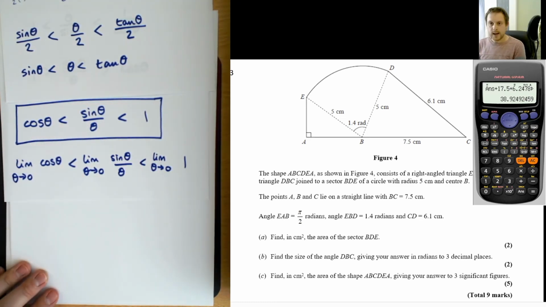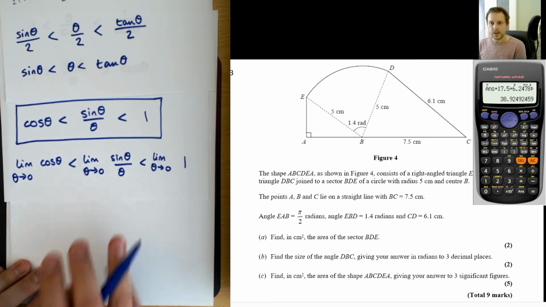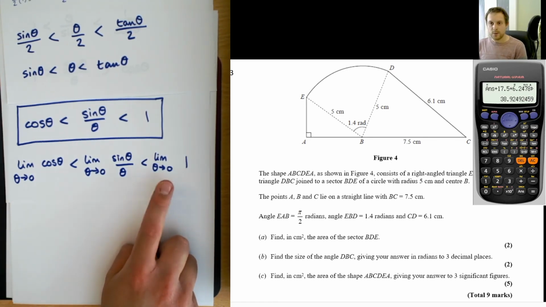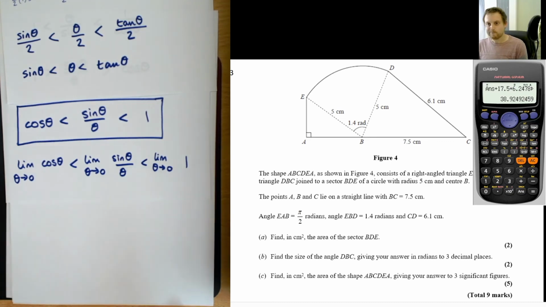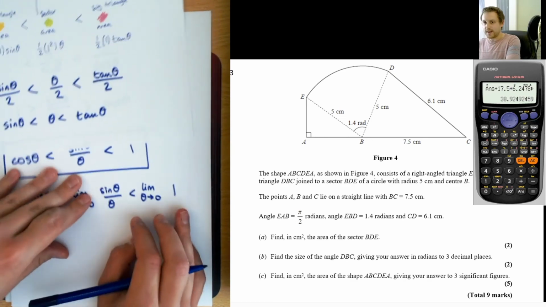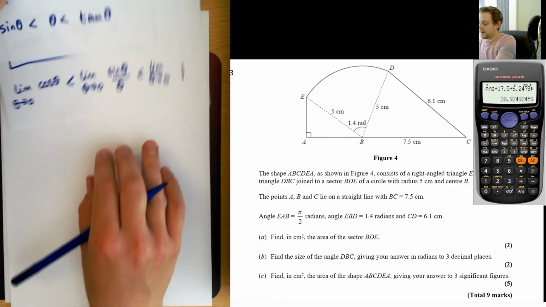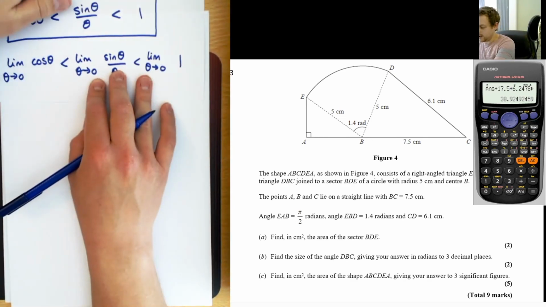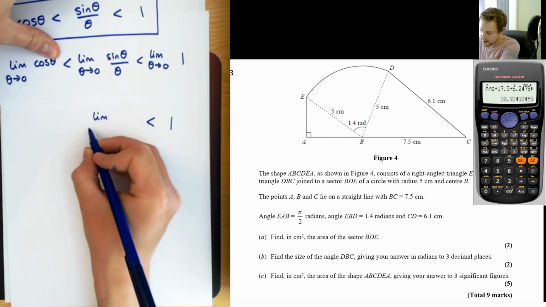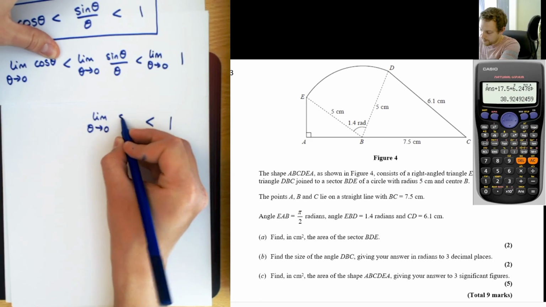Right, let's deal with the easy one first. So this one here is really easy, right? If theta goes to 0, what happens to the number 1? It just stays the number 1. There's not a theta there in the first place, so that just stays as 1. This middle bit is the thing we're actually wondering about.